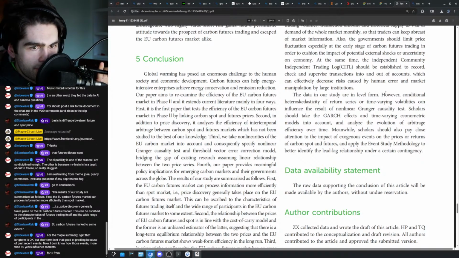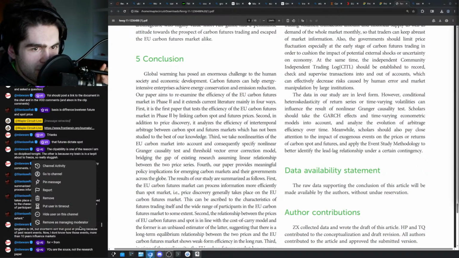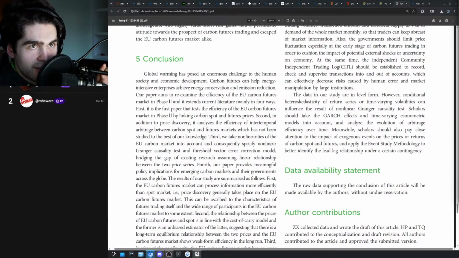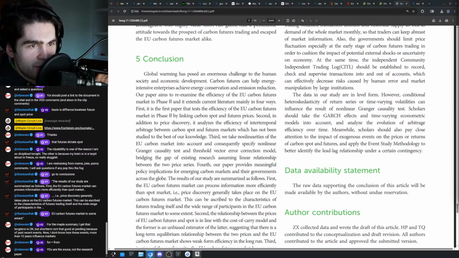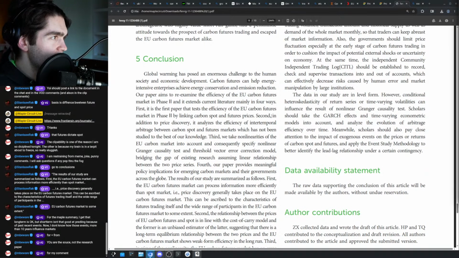From the maple summary. Oh, okay. Yes, well, I didn't understand that I was the source, but I was just trying to understand this, but it's okay. It's all good. Okay, conclusion.